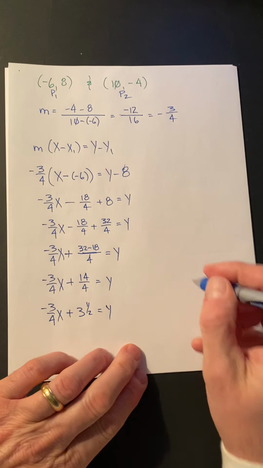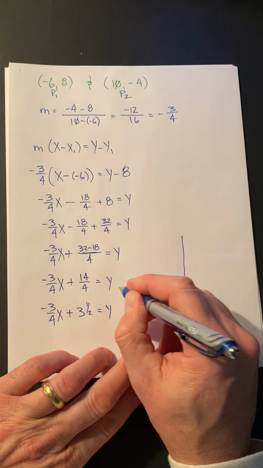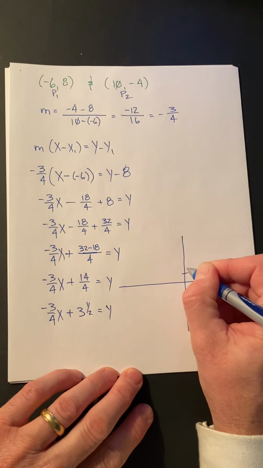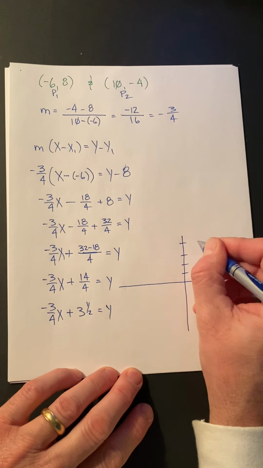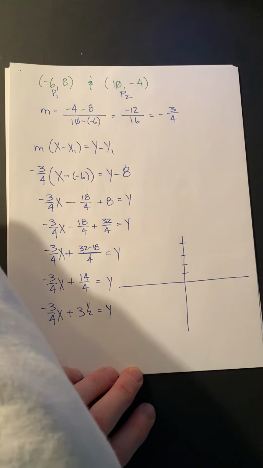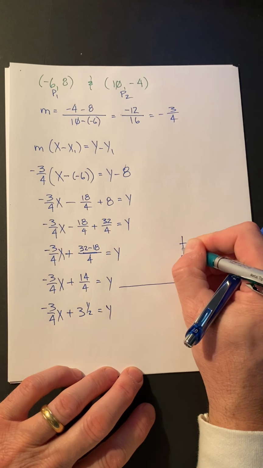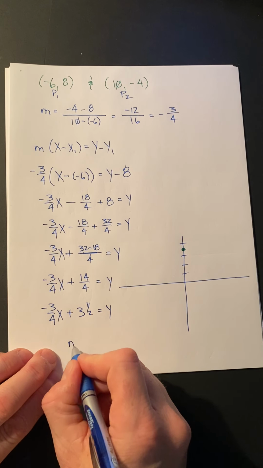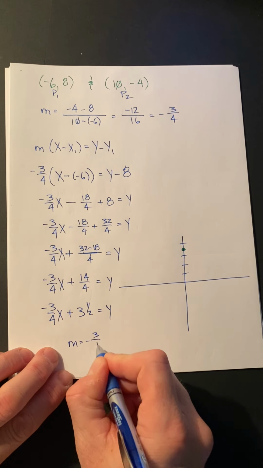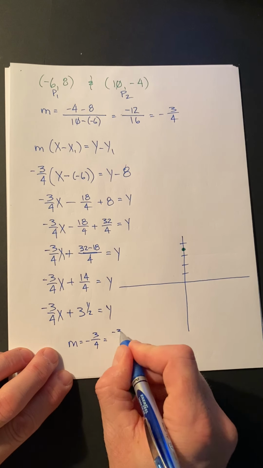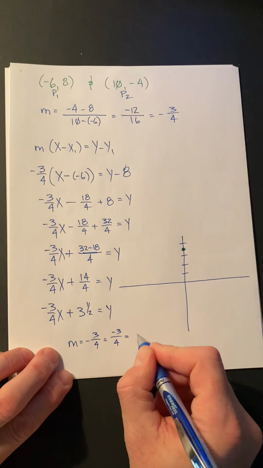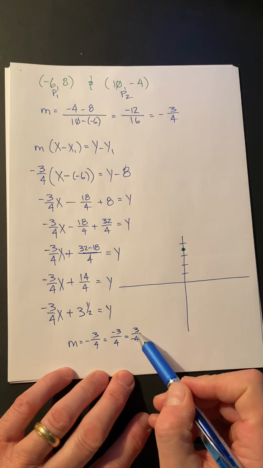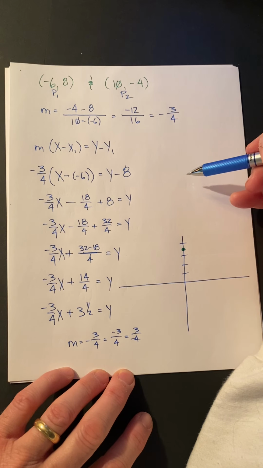And I can graph that, right? So I come over here and I look at, well, my y-intercept, 2, 3, 4, is it positive 3.5? Okay, and then come down here and look at my slope. m is −3 over 4. Well, that's −3 over 4, or 3 over −4, isn't it? So I've got options. I don't want to pick this one because it's going to go off of my graph, isn't it?